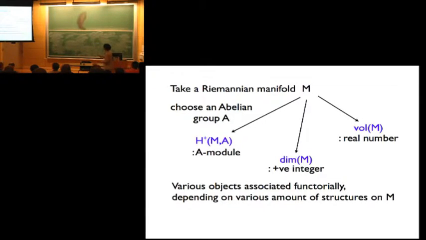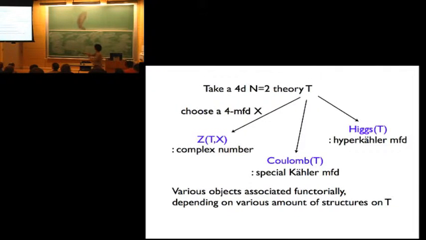Similarly, please suppose that we already have a mathematical definition of this object T, the 4D N=2 conformal theory. Then we can associate various simpler objects by performing a certain operation. One operation is to choose a 4-manifold on which to put this 4-dimensional theory, and you can calculate something called the partition function.